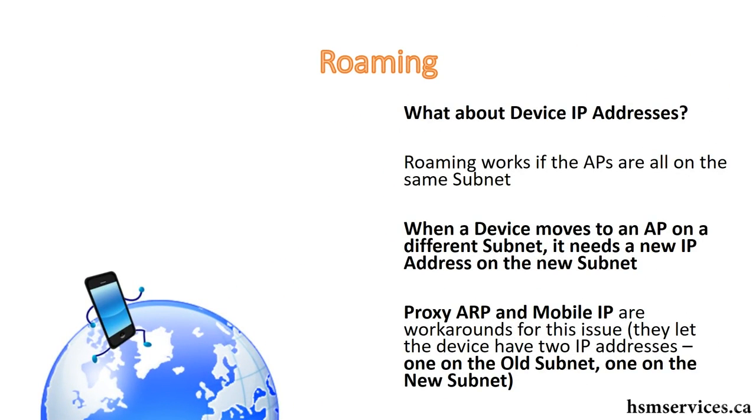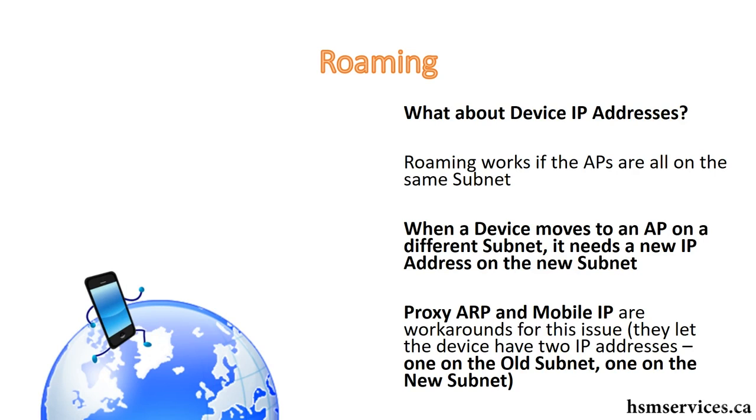And the other thing we need to consider when roaming is the IP address. So we're hoping that all of your access points are on the same subnet, but on a large network that's scattered everywhere, depending on how it was configured, the access points may be on different subnets.